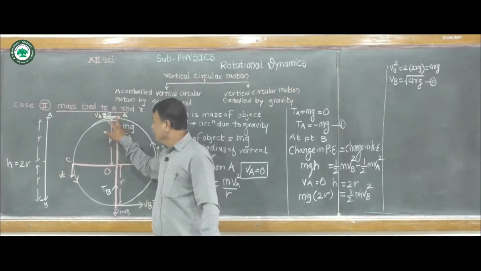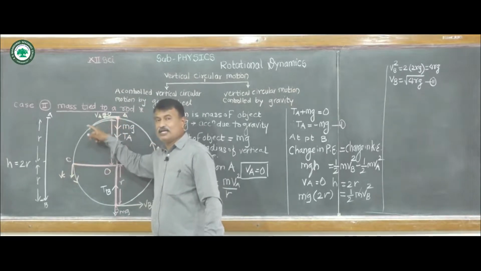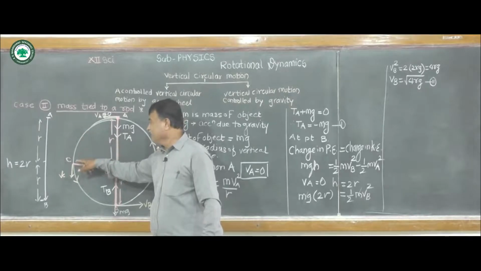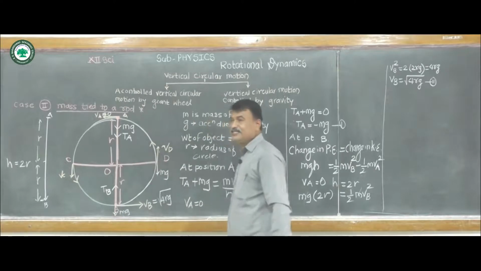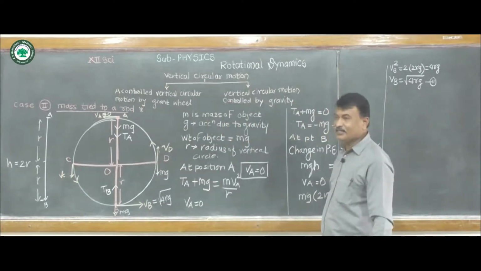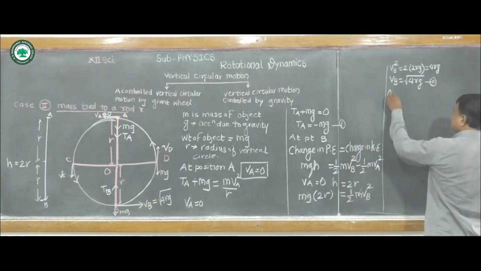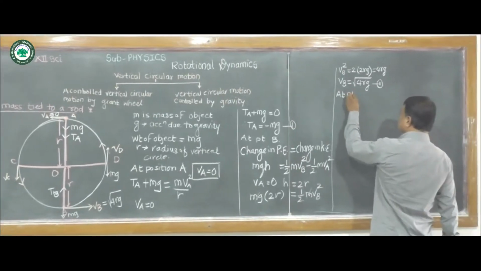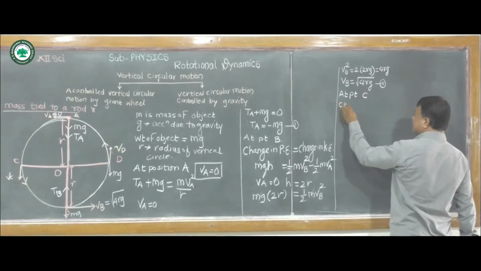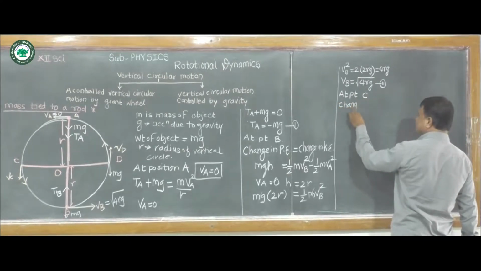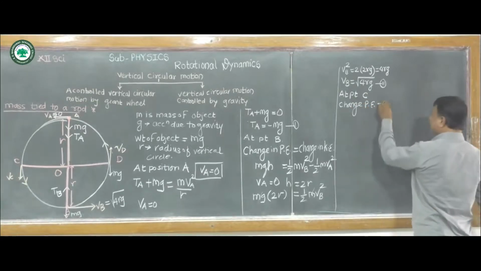Then when it moves from A to C, its potential energy goes on decreasing and kinetic energy goes on increasing, meaning there is again a change in the potential energy and a change in the kinetic energy. So at position C, we can say that the change in the potential energy is equal to the change in the kinetic energy.